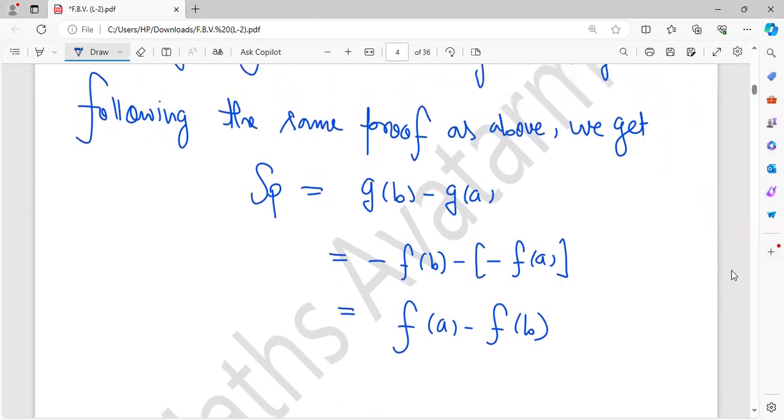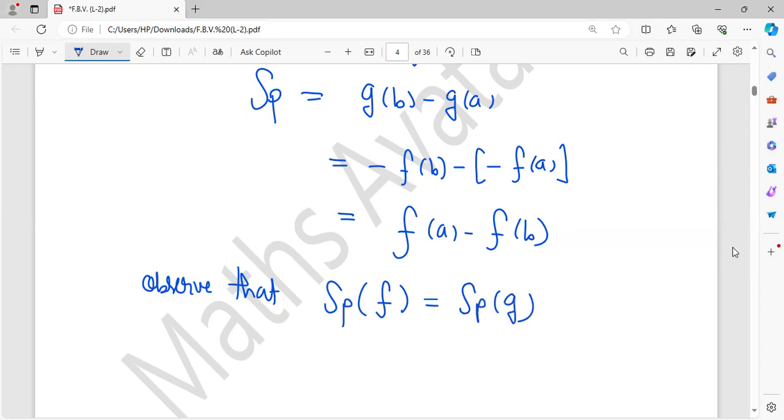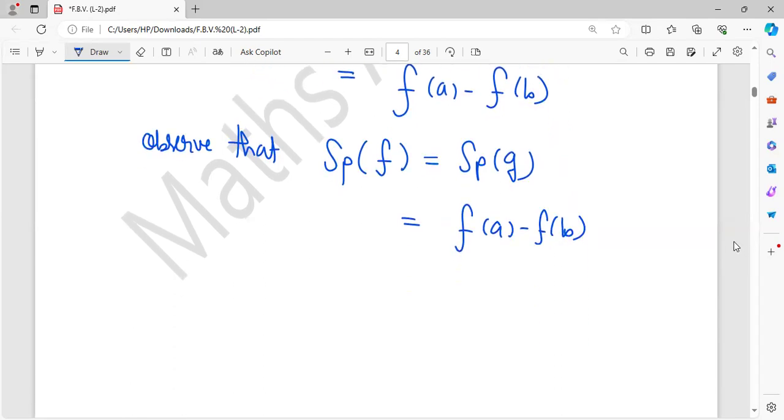So SP for G. Now, SP for F. Observe that SP for F is equal to SP for G. Same thing: I am taking SP of F, here I am taking SP of G. So this is FA minus FB for any partition P of AB.